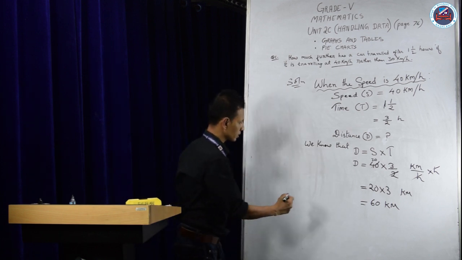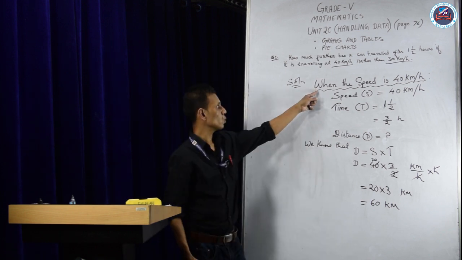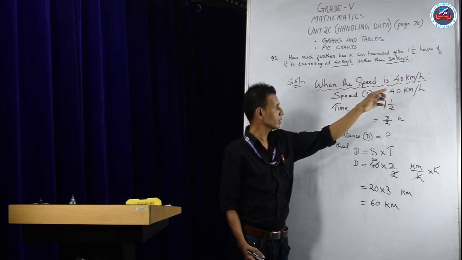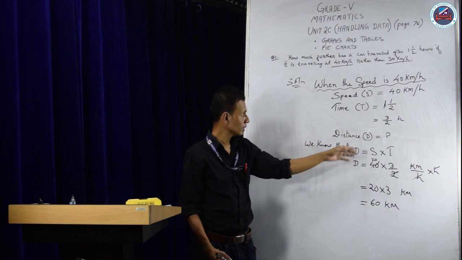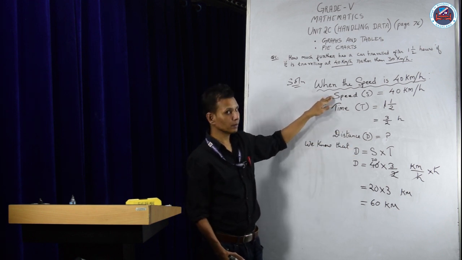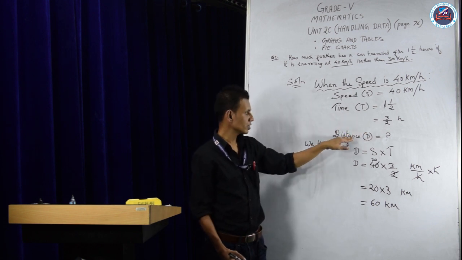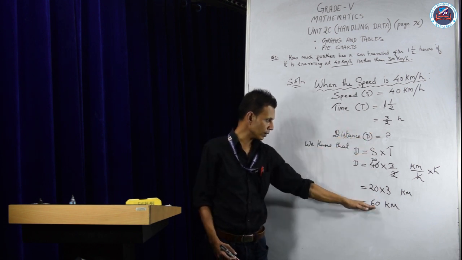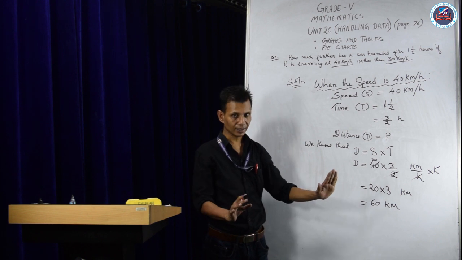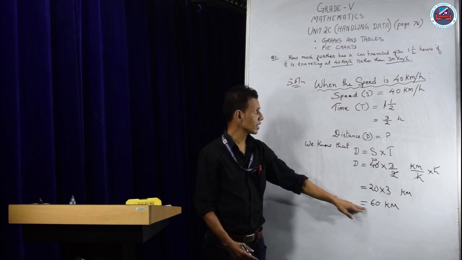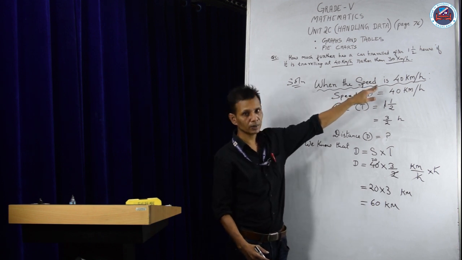Now you will write like this. Here, when the speed is 30 km/h, then work out. Speed will become 30, time never changes, 3 by 2 only. Find the distance in this way, and you will get it. You got it? So 60 is the distance when the speed is 40 km.